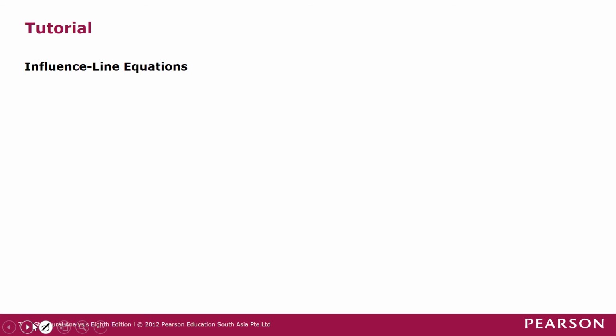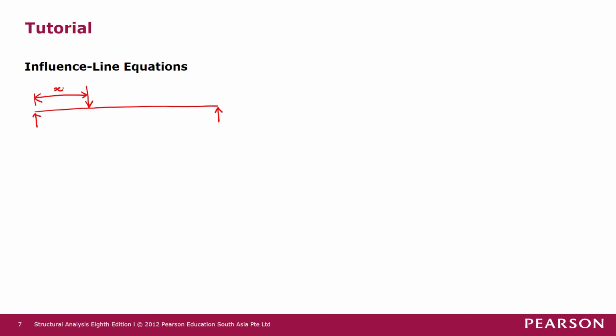Okay, so to write the influence line equation, we don't set values for x. We just set x to become a variable. So in this case, we have to determine the reactions in terms of x. We have already done this in the lecture.